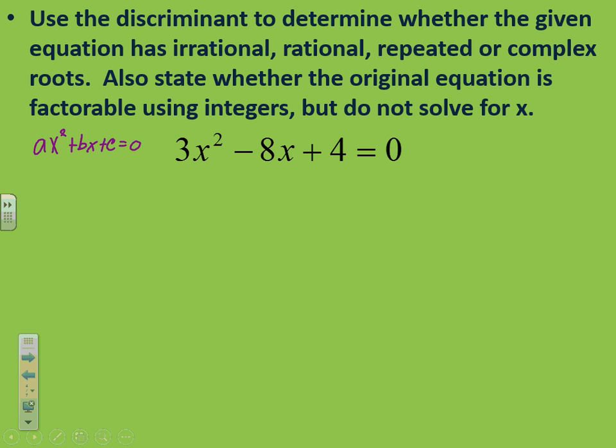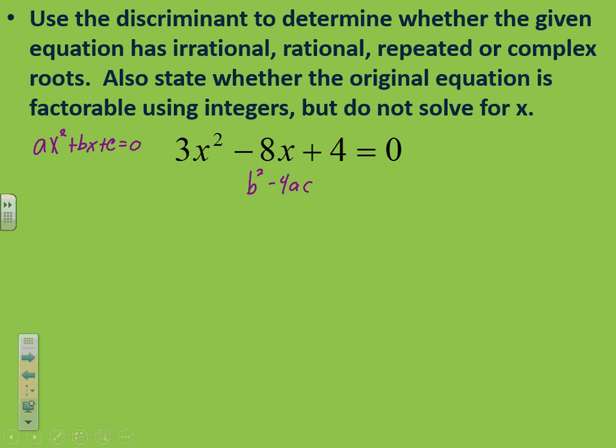In this example, the 3 is the a term, the negative 8 would be b, and c is the 4. In math, I always recommend, anytime you're using a rule or an equation of any kind, writing it down each and every time that you use it.